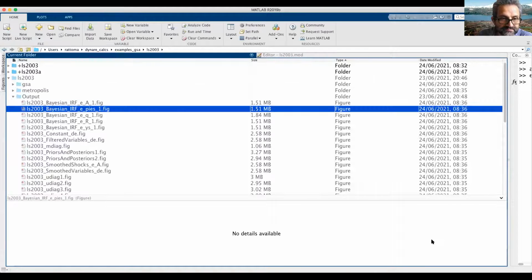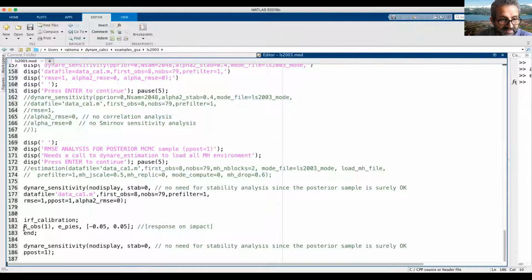So what I do then is pick the IRF on impact, the first period of the IRF, versus the shock to the rest of the world price. And then, for example, I check what would drive this IRF to be small in absolute value.